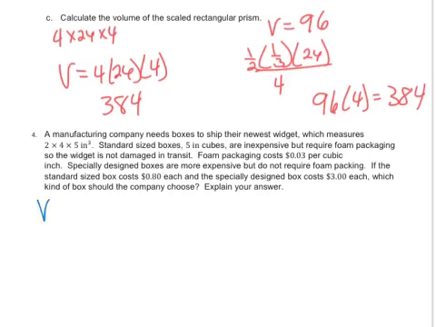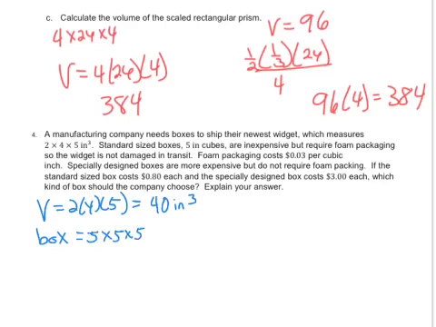Alright, so we're going to start with the volume, and then you're going to figure out the cost later. The volume of a widget is 2 times 4 times 5. So each one of those takes up 40 cubic inches of space. And we're going to assume that it fits in the box, and you can make your foam anything you want. So the standard box is 5 by 5 by 5. So it's kind of big. It's 125 cubic inches.